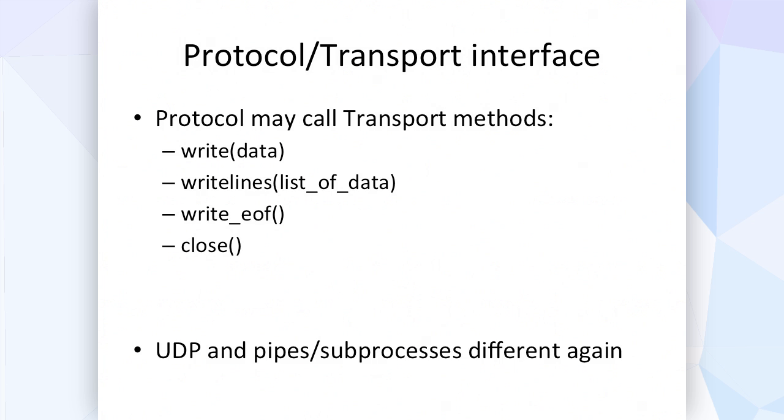On the other hand, when the protocol feels like writing, it calls the write method on the transport. So that's not considered a callback. There's also this strangely named thing, writelines, which is really just write with a list of bytes objects.